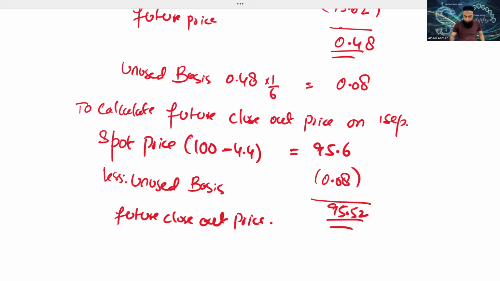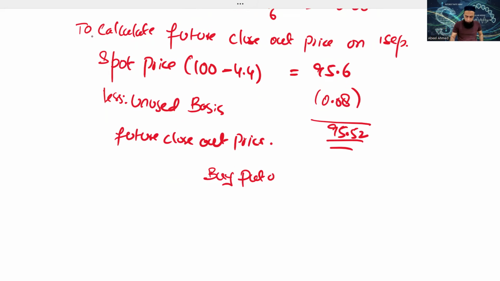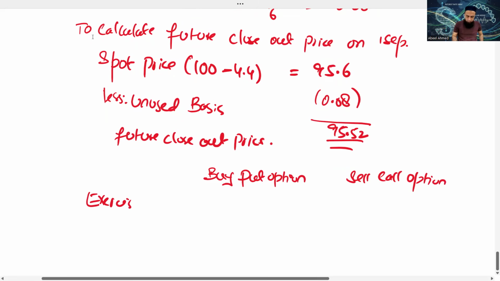Let's go for the collar hedge. Put option: we buy the put option. We have sold the call option. Exercise price: now we have to check whether we are exercising the option or not.